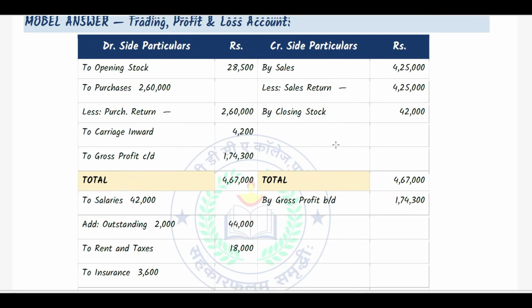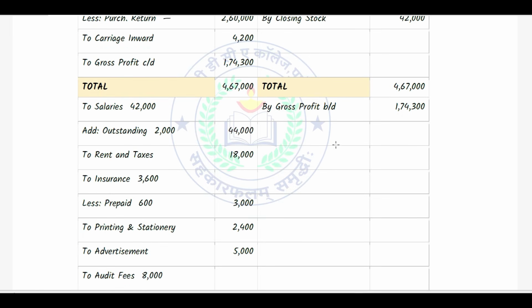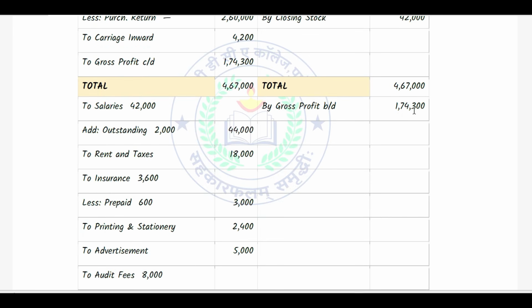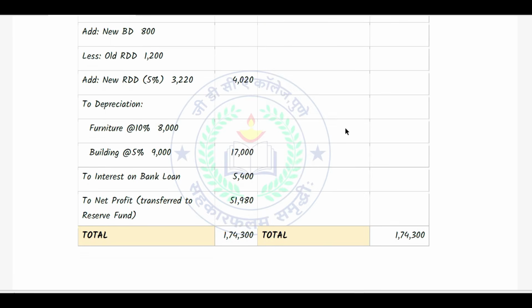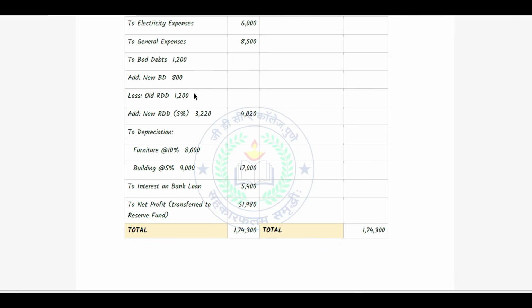Then on the credit side actually, the gross profit that we saw in the trading account, which is 1,74,300 rupees, comes as it is. Electricity expenses, then to general expenses 8,500 rupees. To bad debts 1,200 rupees. To new bad debts 800 rupees, less old RDD 1,200 rupees, add new RDD at 5%, that is 3,220 rupees, that is coming 4,020 rupees.